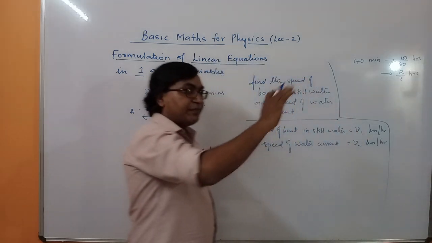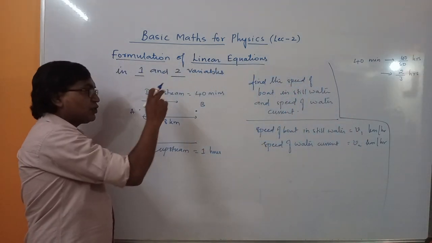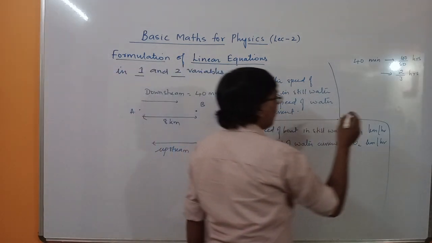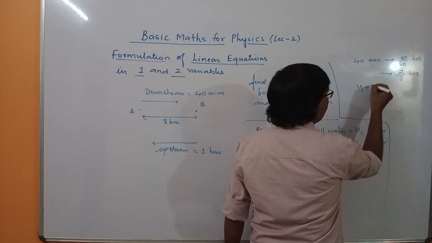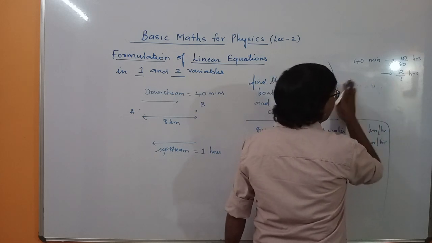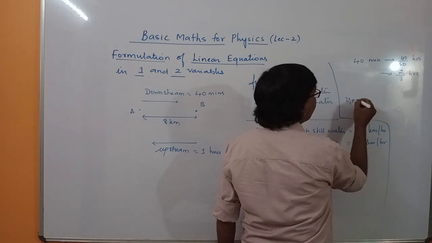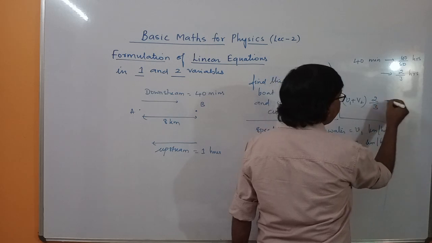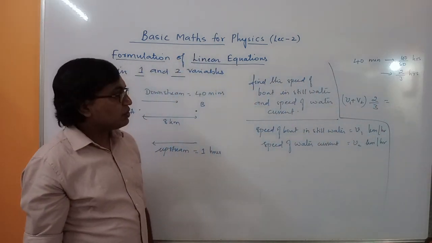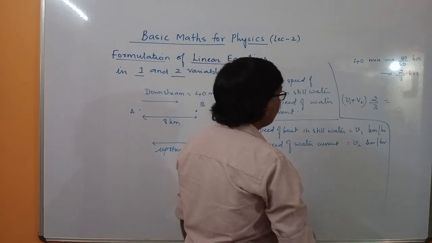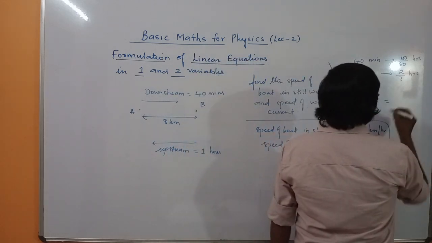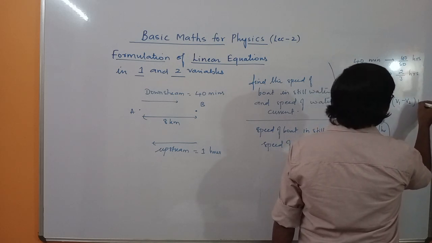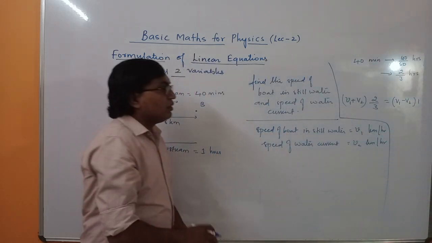Now downstream, when it is going downstream, the speed is speed of boat as well as speed of stream. So V1 plus V2 multiplied by time taken, 2 by 3, should be equal to upstream, V1 minus V2 into 1.